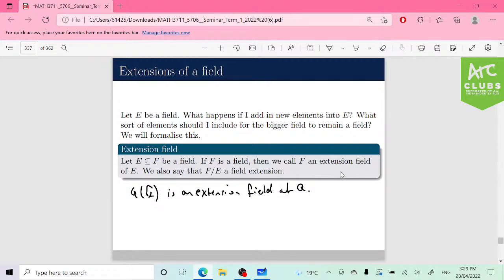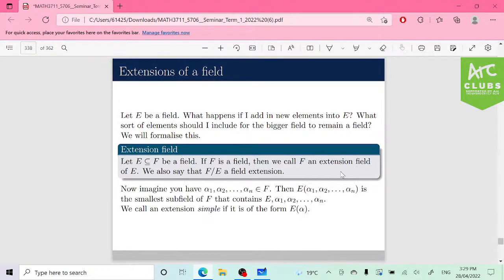So those are just some notations and some definitions.